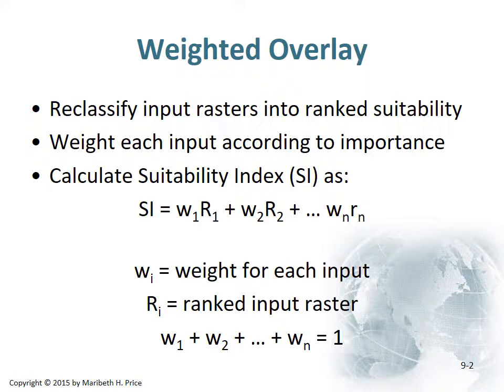And what that means is we apply a weight to each of the input raster data sets. That's going to work out to be a multiplier. So we have a weight, we multiply it by the raster value for each individual input raster. The weights that we apply to the input rasters need to add up to a value of 1.